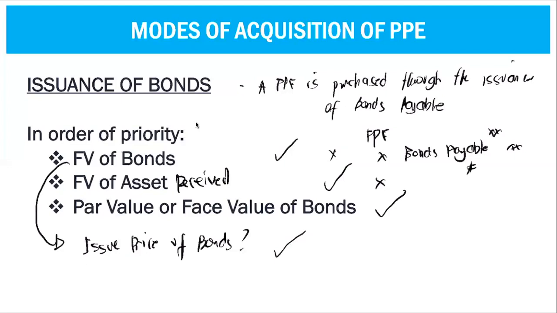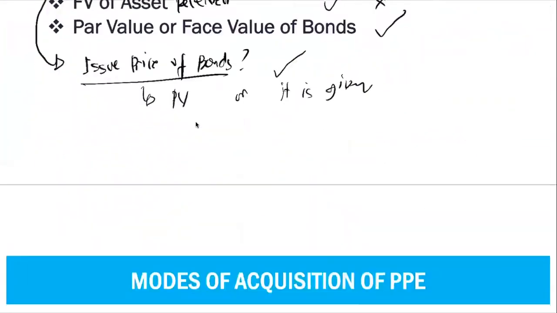So it's either you compute the issue price of bonds using a present value or it is given. Okay? So bibihira naman yung problems na issuance of bonds yung kanyang topic. Bibihira to. Ito ang normal na lumalabas.